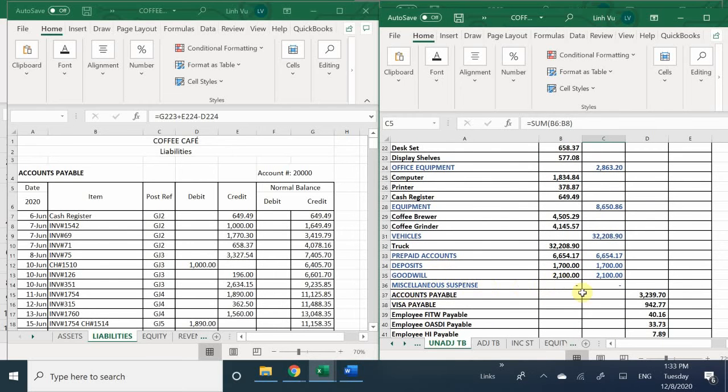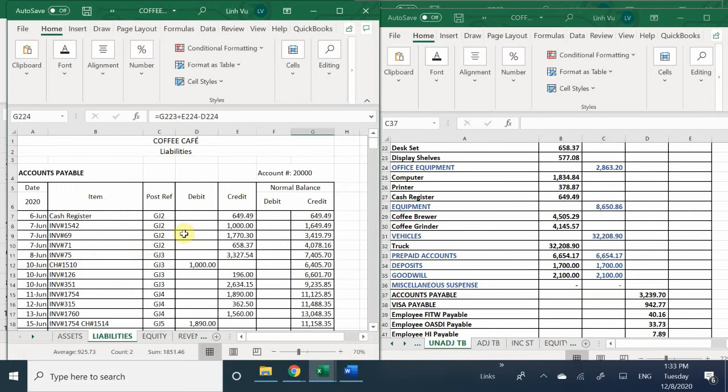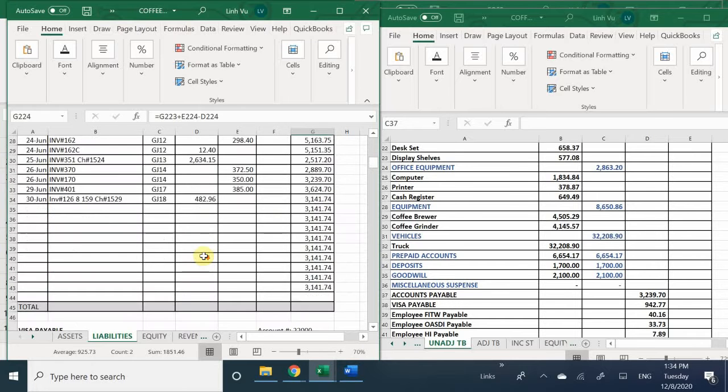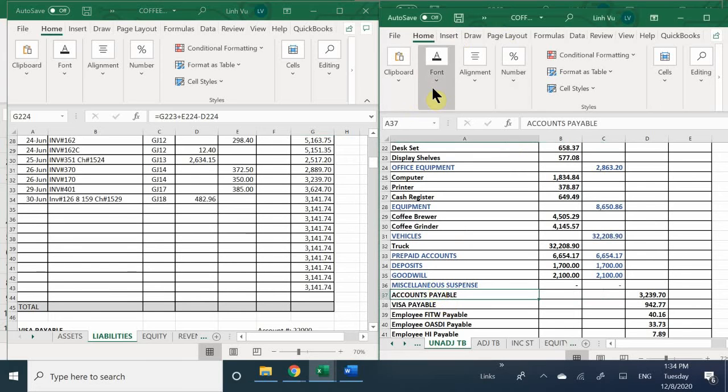So that means we are moving on to liabilities. So first liability main account here is going to be my accounts payable. What is my balance in my accounts payable? 3141.74. 3141 with 74 cents.